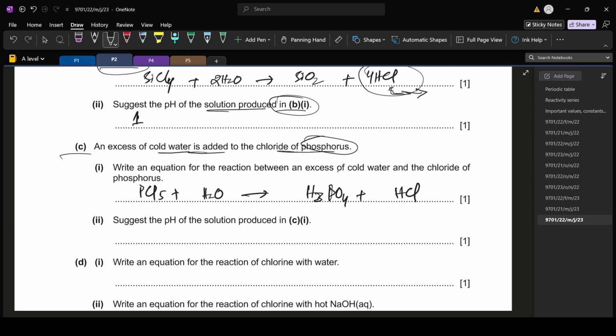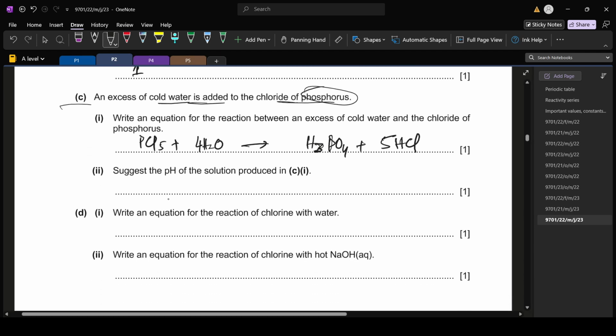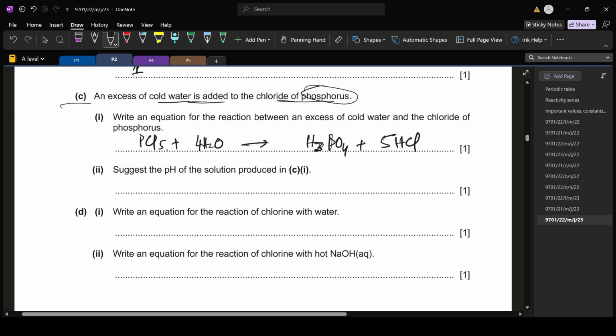Balance the equation and you will get this balanced equation. Balancing an equation is a must because it also carries a mark, 1 mark for balancing the equation in some papers. So that's your balanced equation, and this is the hydrolysis of PCl5.